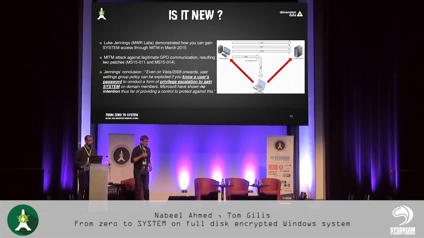But one of the conclusions he drew at the end of his blog post is the fact that even from Windows Vista systems and onwards, if you know the user credential, you can always elevate your privilege to that of a system, because the way the GPO is being transferred is via SMB connections. If you know the password of the user, you can reassign the signing, you do all the authentication, and actually get your own policy in between.